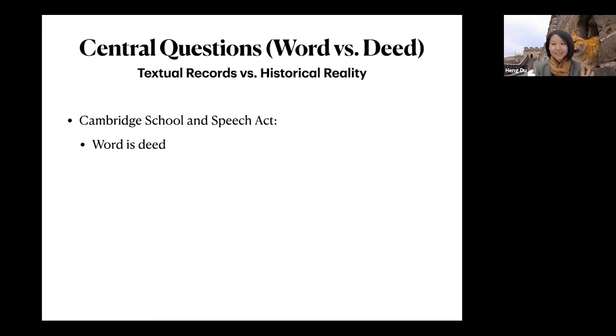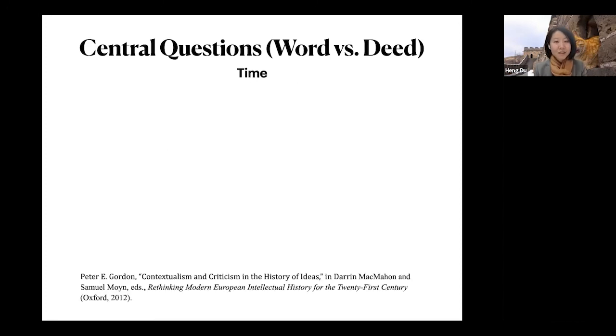So there's no longer a separation between the two. And in terms of the relationship between text and time, the Cambridge School argument is very clear that we can only understand any utterance or discourse as part of a historical context.